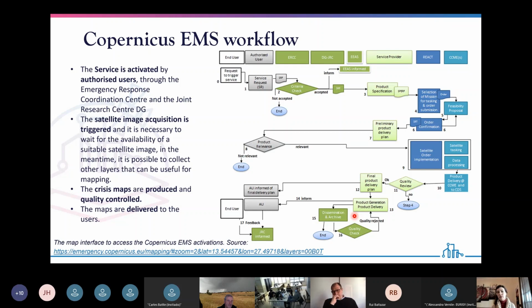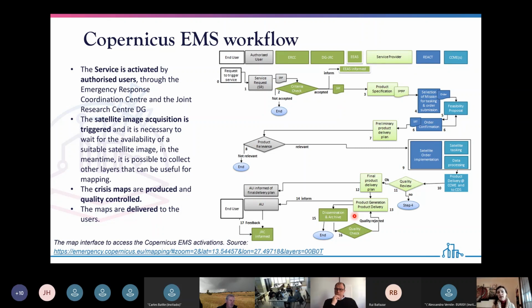So they could trigger the service even not during an emergency, but in advance to say, I need reference maps or risk maps for this area because a flood could occur and we have not mapped that part enough. And this happens in particular in developing countries where the maps available maybe are not enough.